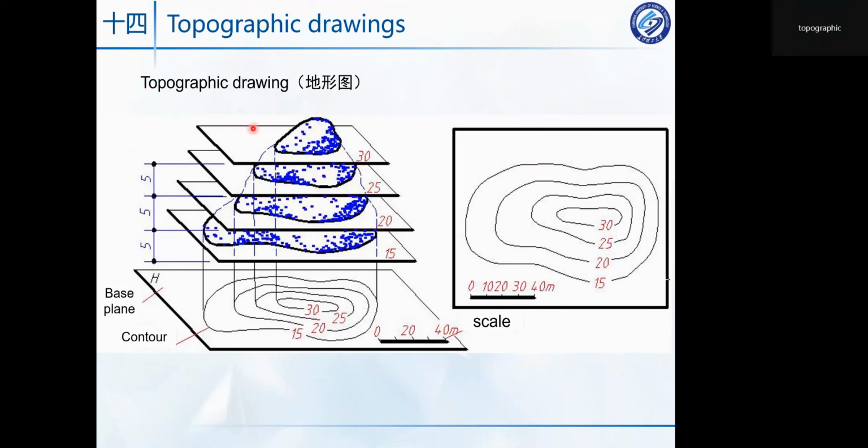So if there is a cone here, not an irregular shape, please tell me what we will get. What will we get in this map? Who can tell me if there is a cone?